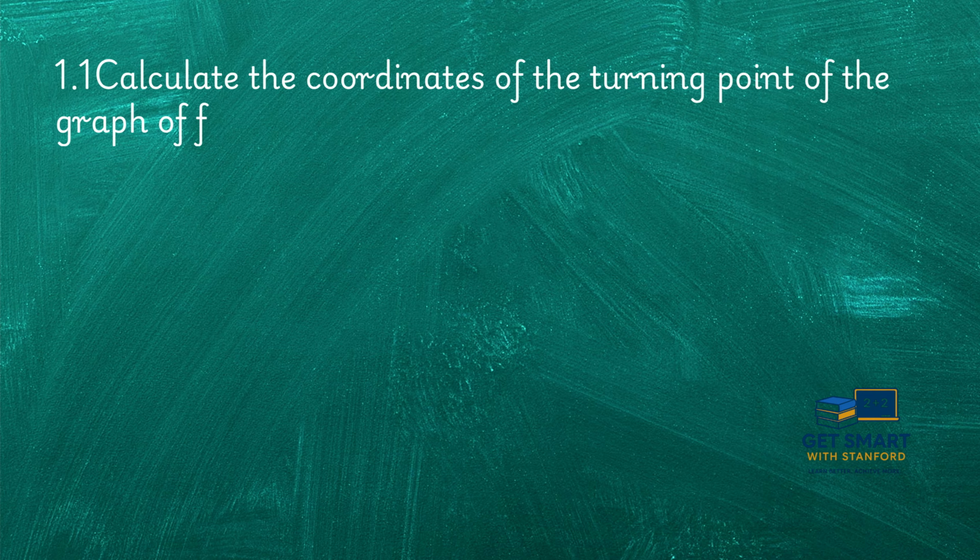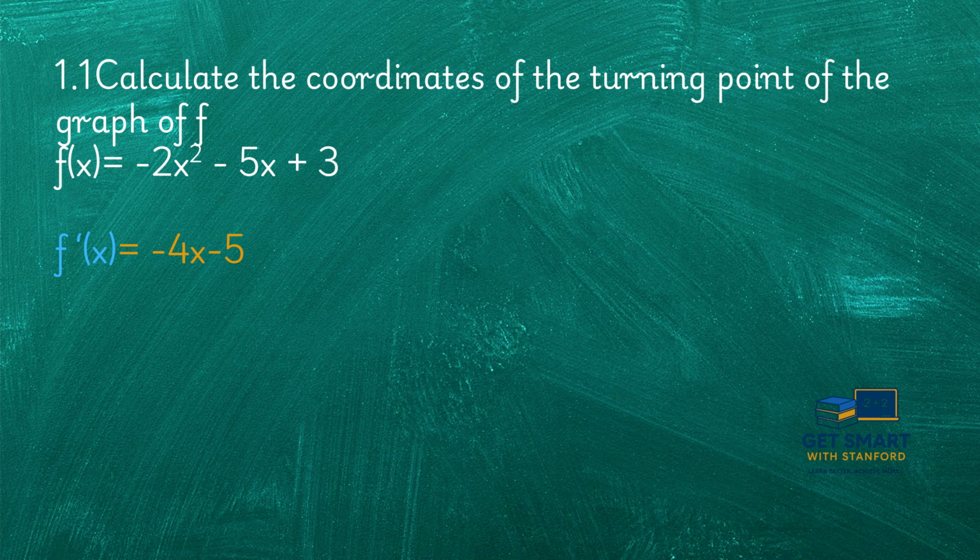In question 1.1, we are required to calculate the coordinates of the turning point of the graph of f. I am going to show you two options to help us get the answer to these questions. First, let us apply the derivative method.